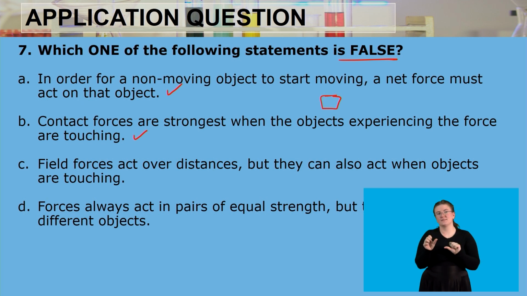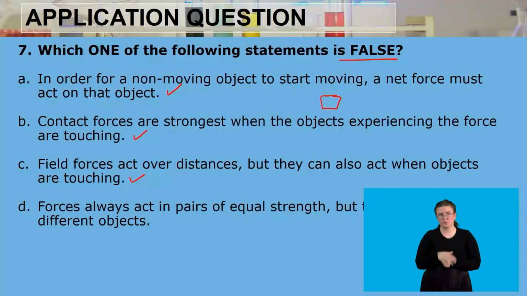We know field forces, or non-contact forces, act over a distance, a force of attraction. But that force can still act even when the 2 objects are touching each other. So statement C is also true, which then means statement D is false.